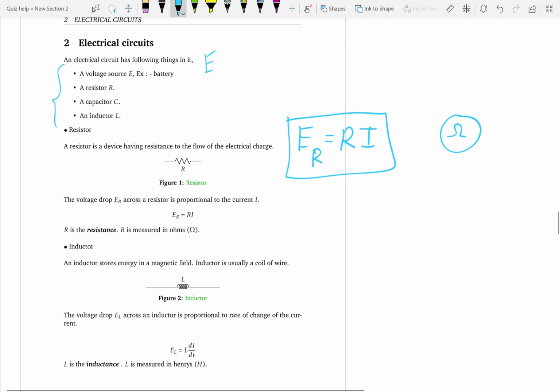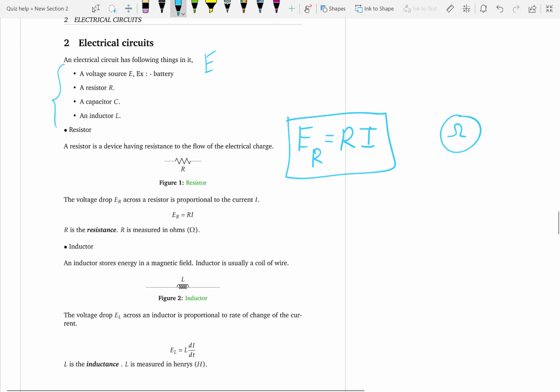Okay, another device that you can have in your electrical circuit is an inductor. An inductor, you might have seen, is a coil of wire. What's happening in an inductor is very interesting. I suggest you Google and read about it a little more, because that's not the concern of this section. But you have this coil of wire and it creates a magnetic field opposed to the electric charge, and it stores this magnetic field.